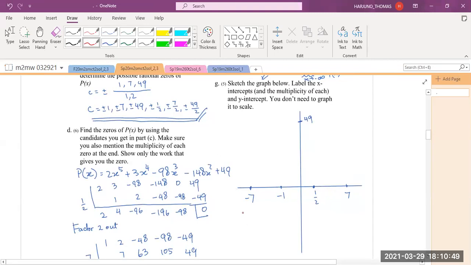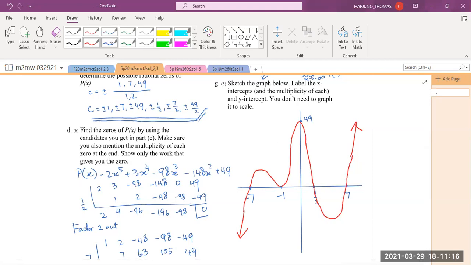So the graph will be bottom top. At -7, multiplicity of 1 means it crosses the x-axis. At -1, it's multiplicity of 2, so it bounces. At 1/2, it's multiplicity of 1. At 7, it's multiplicity of 1. So approximately it looks like this.